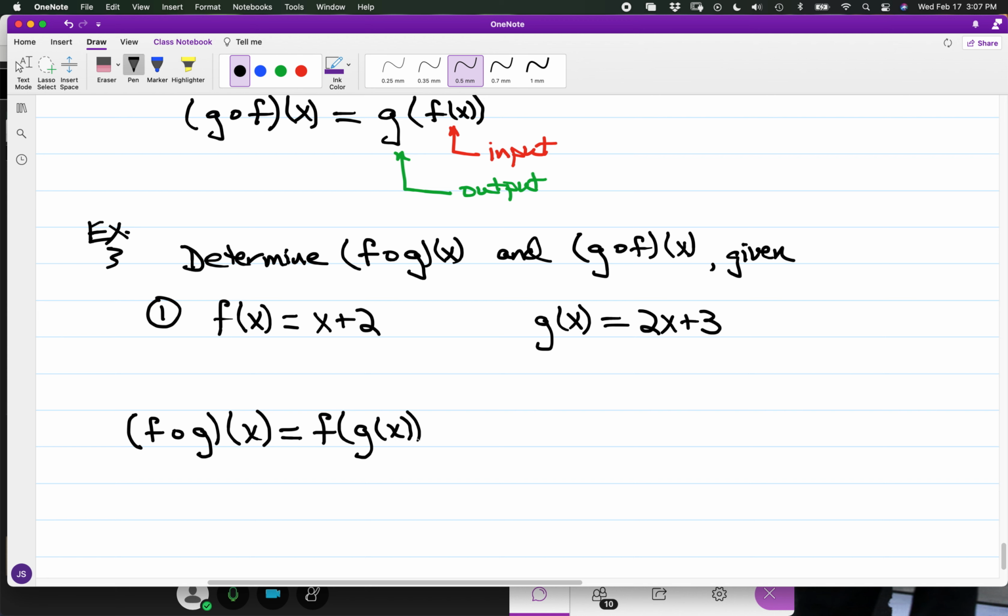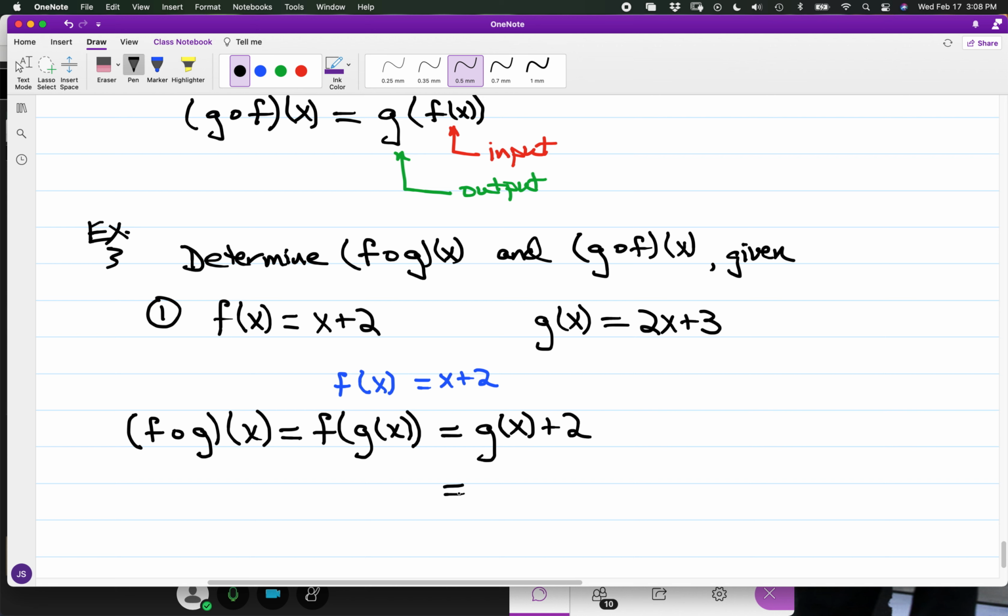And if you notice, now f is going to be the output function, and let me just restate here. So f of the input is going to be equal to the input plus 2. Now here in the compositional function, we have not x but g of x in the parentheses. So for f of g of x, again, f of the input is equal to the input, which we have as g of x, plus 2.